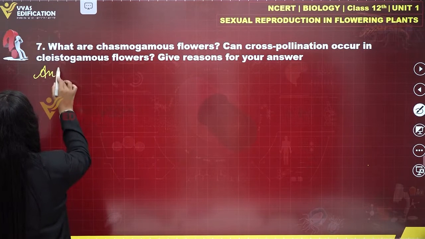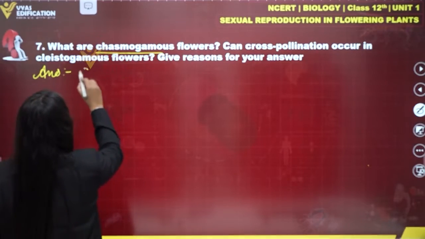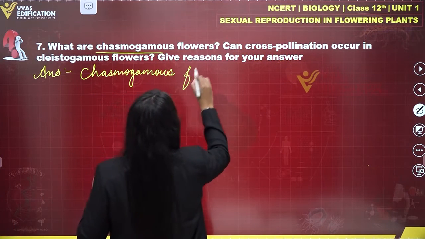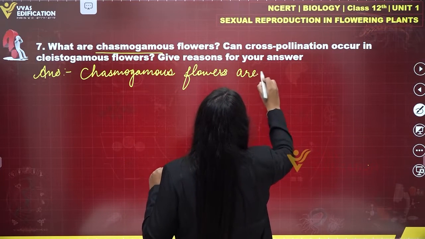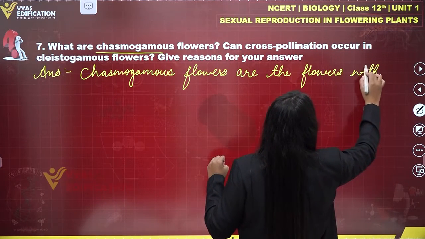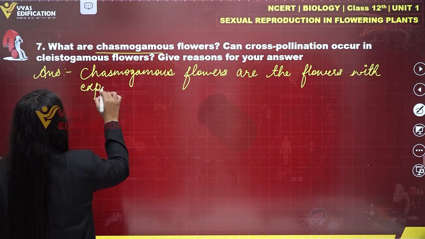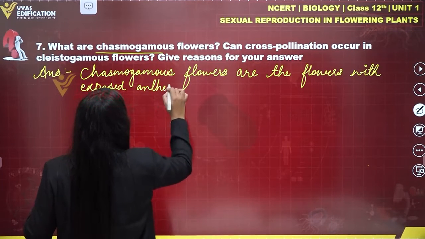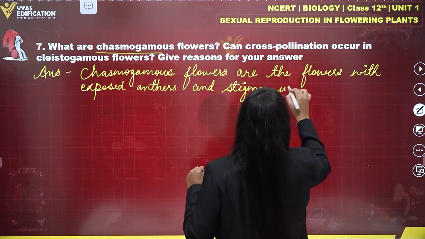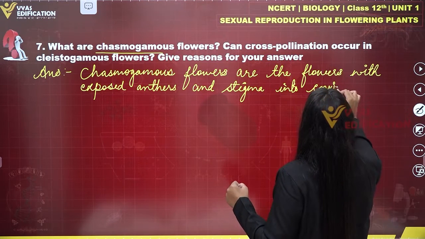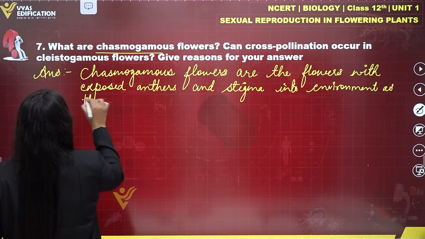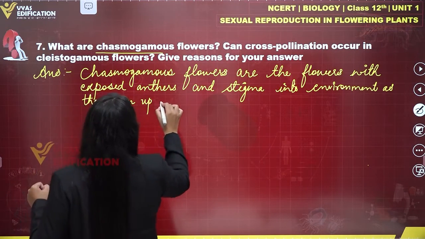So if you want to write the answer, first we write what chasmogamous flowers are. Chasmogamous flowers are the flowers with exposed anthers and stigma in the environment, as they open up at their maturity.